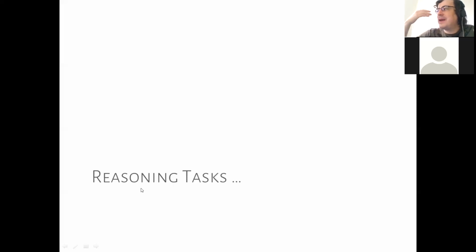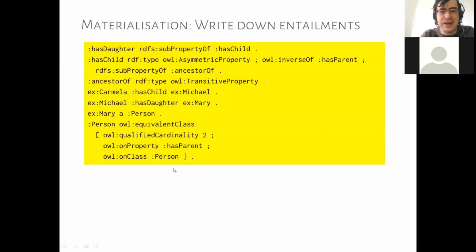So we've defined this, and on top of these definitions, given ontologies, we can define certain reasoning tasks, certain things that we might want to accomplish. Without talking about the implementation yet, we can consider certain procedures that we might want to apply over ontologies. The first would be materialization, which is the thing that we actually do in the lab, which is write down all the things entailed by this ontology, right?